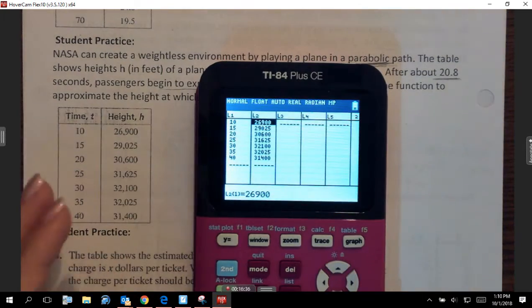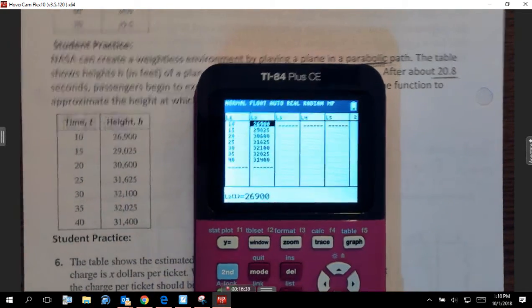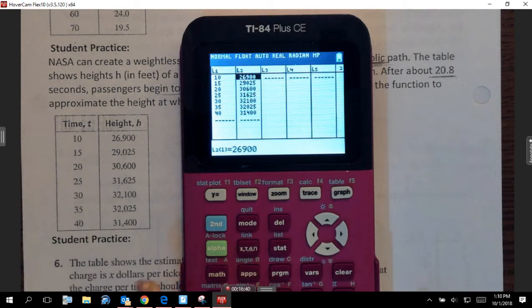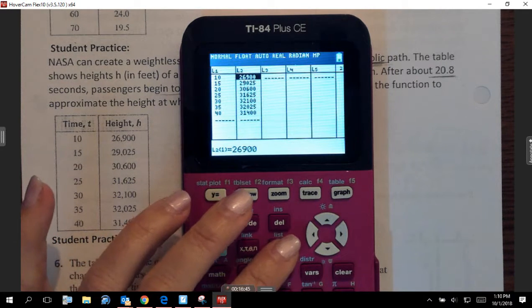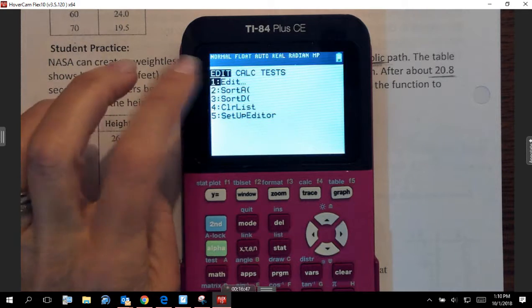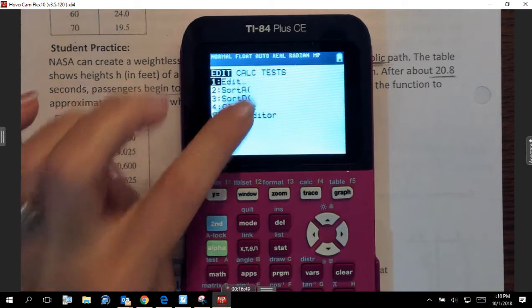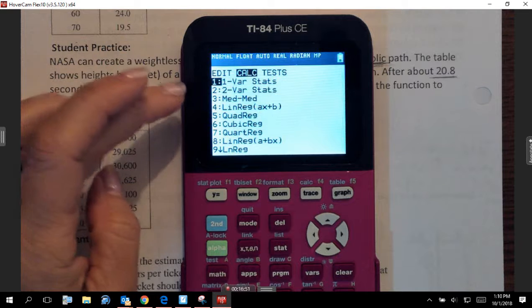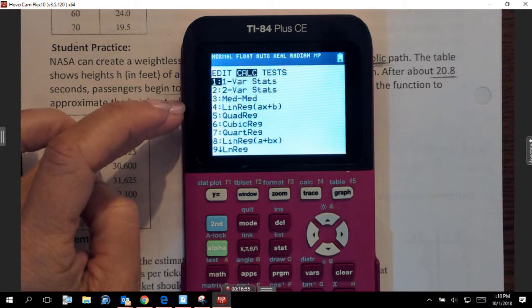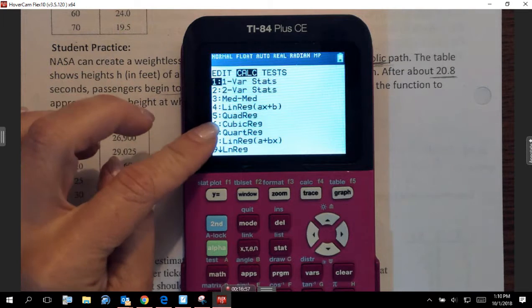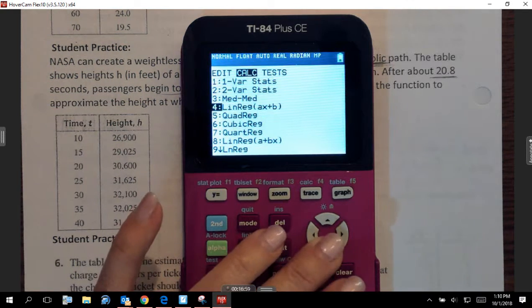Okay, so we type in our numbers, and then what we're going to do is find the regression. So we go to what? Stat. And then from stat, we've already typed in our numbers, so now we're going to calculate. So go over to calculate, stat, calc, and then what? 5. We're going to choose quadratic regression, number 5.